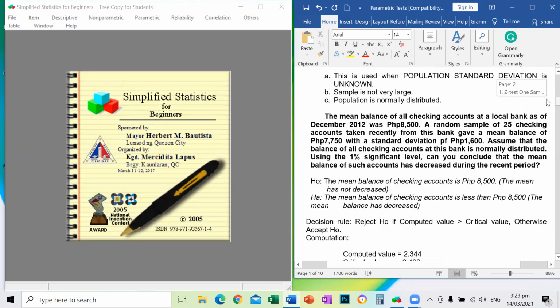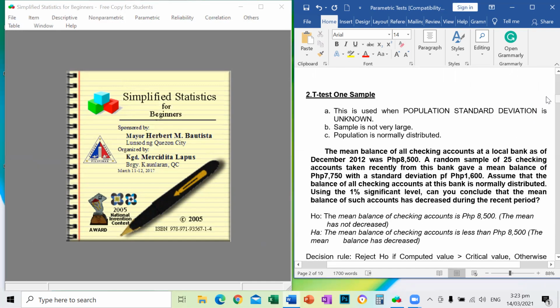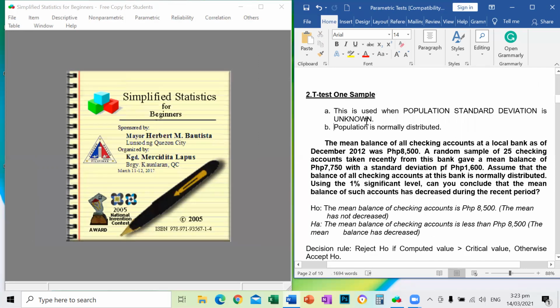Okay, let's go to Ttest One Sample naman. So in Ttest One Sample, let me change this first.